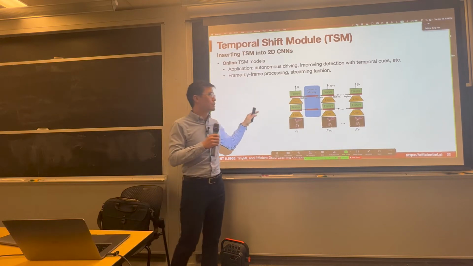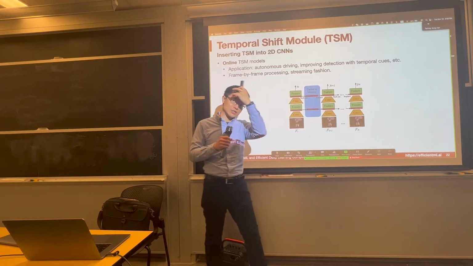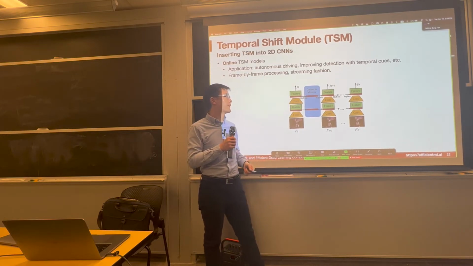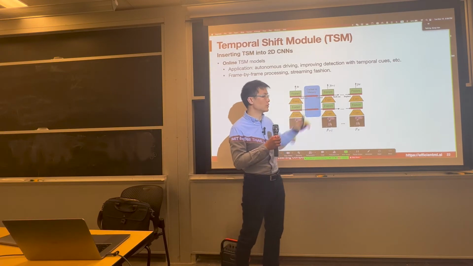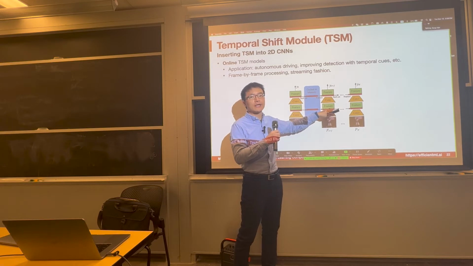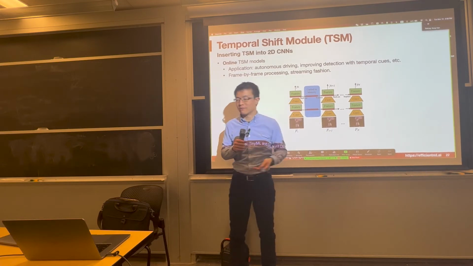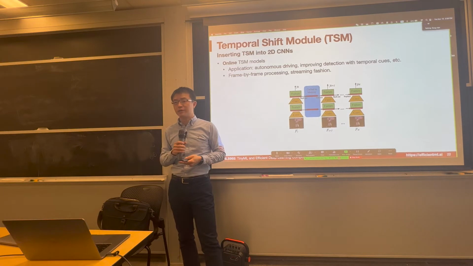In the online version of TSM, when we are at F_t, we don't have access to F_t+1. This is the layer dimension. We have multiple convolution layers. So rather than using purely the current timestamp's feature, we are combining the previous timestamp's feature with the current timestamp by fusing them in the channel dimension.